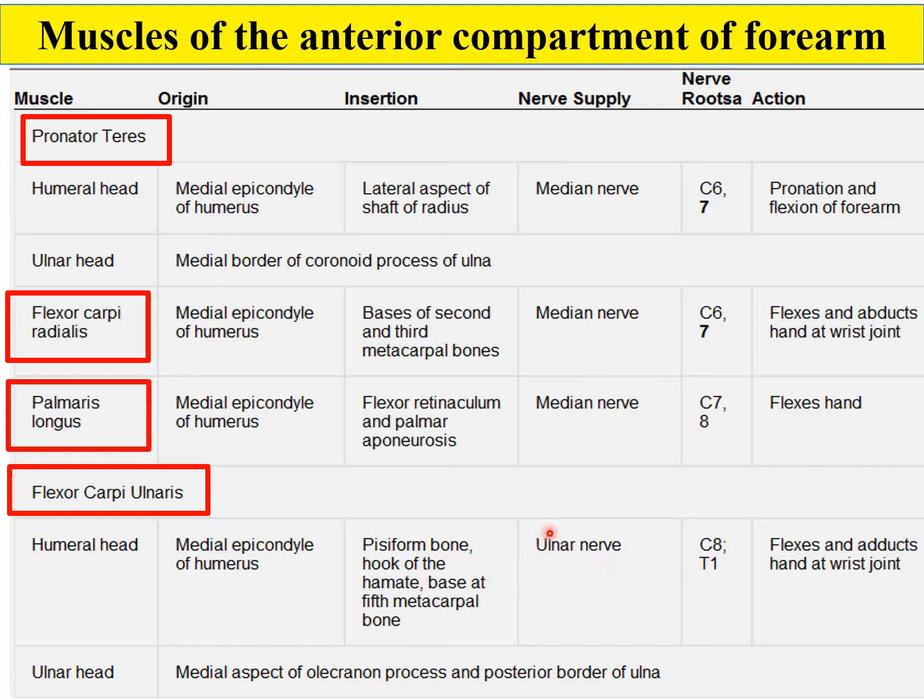This muscle is supplied by the ulnar nerve. So that is a variation. Most of the muscles of the anterior compartment of the forearm are supplied by the median nerve, with the exception of flexor carpi ulnaris, which is supplied by the ulnar nerve. And function is flexion and adduction of the hand at the wrist.